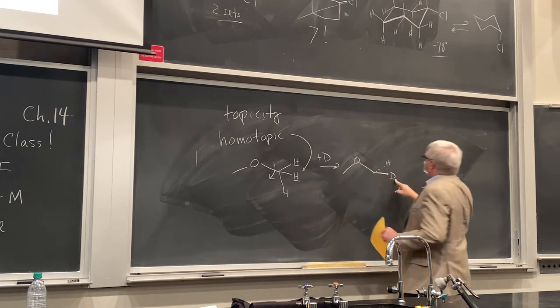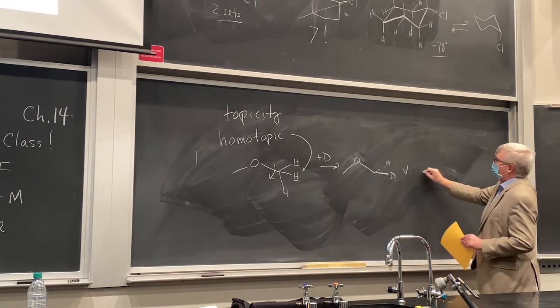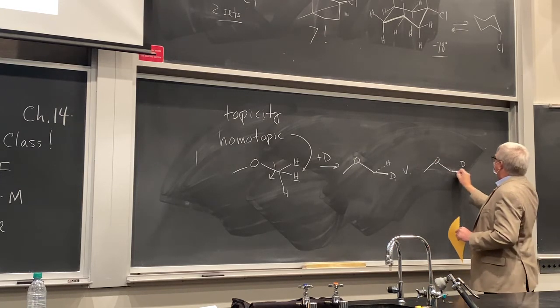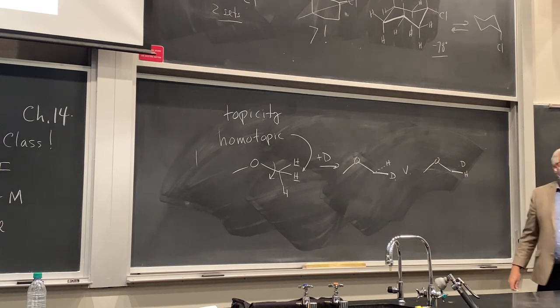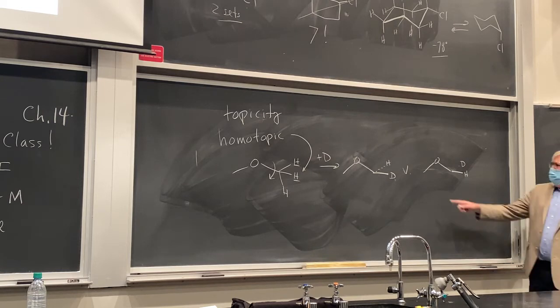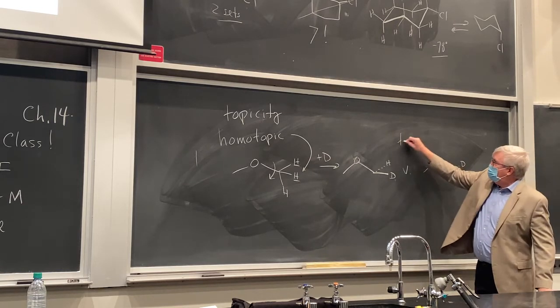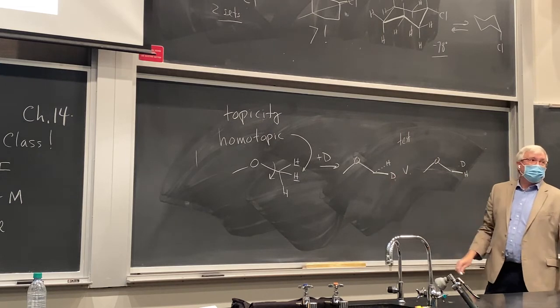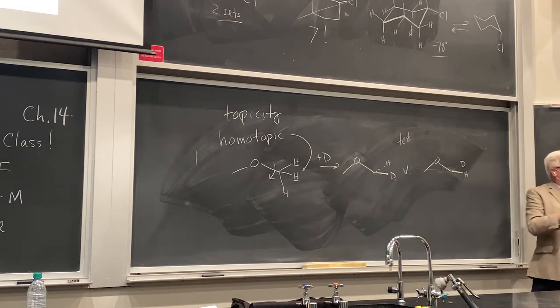Let's put 1 deuterium in front versus 1 deuterium in the back. So it's kind of a thought experiment. We can specifically label deuterium and do a synthesis here. It can be difficult. But we test for topicity using a deuterium substitution. What's deuterium again? It's the heavy isotope of hydrogen.